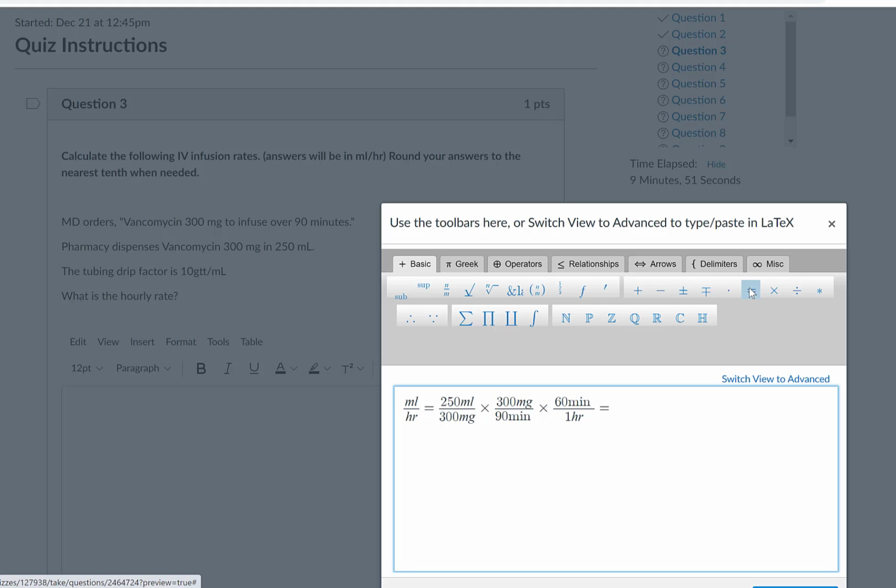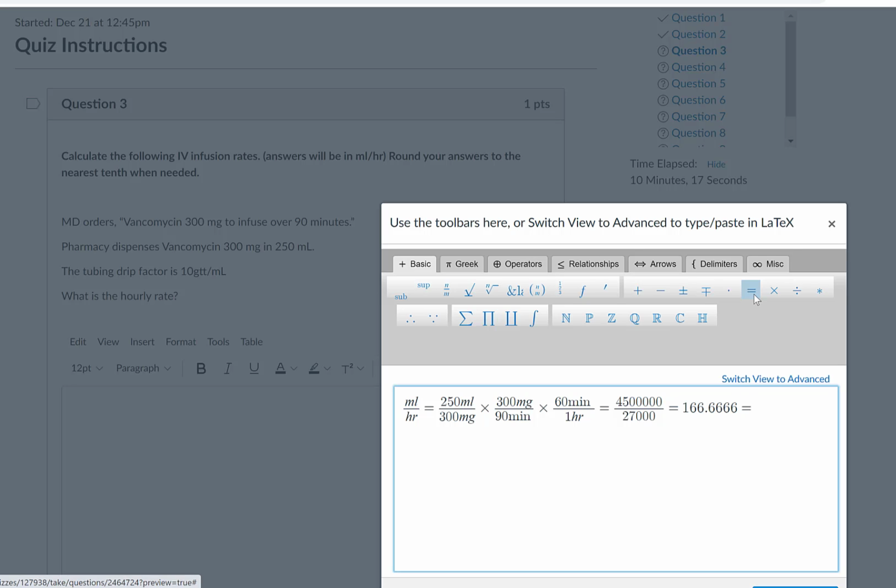So when I do my multiplication over the top, I am going to get 4,500,000. And on the bottom, I am going to get 27,000. So when I put that into my calculator, I am going to get 166.6666 forever.